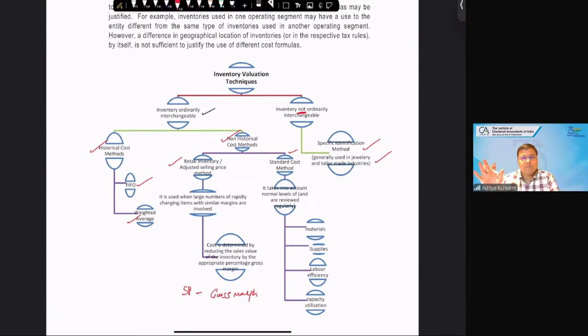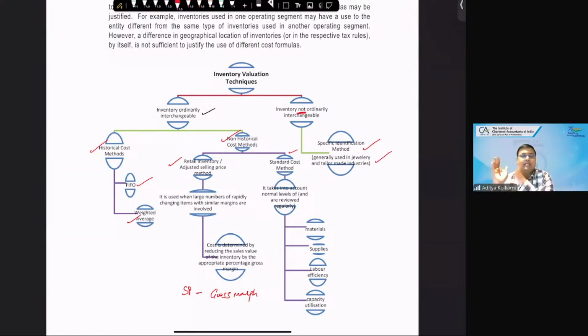Don't go for FIFO, weighted average, historical cost, etc., because your inventories are rapidly moving. In Reliance Smart Bazaar, today I buy 500 kgs of rice. It is possible that today only it gets over. Tomorrow I have to again buy. So therefore, it does not make sense to maintain a detailed record and do the workings.